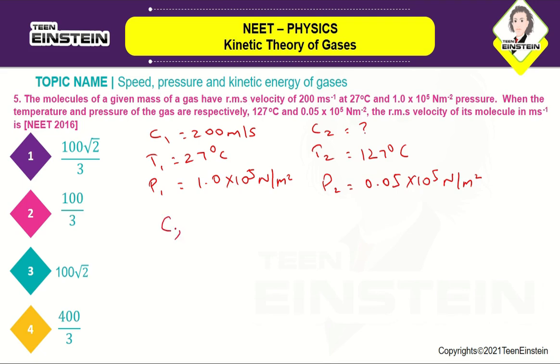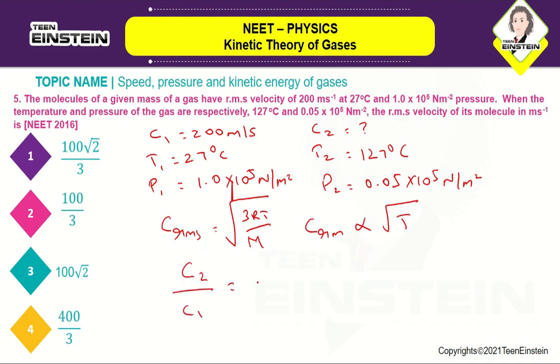So we all know that CRMS is equal to root of 3RT by M, or you can say that CRMS is directly proportional to square root of T, or C2 by C1 is equal to square root of T2 by T1. So C2 is equal to C1 into square root of T2 by T1.